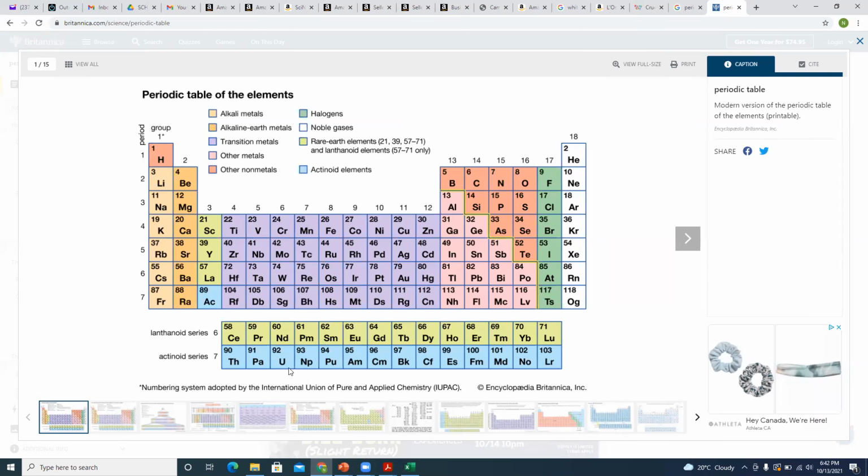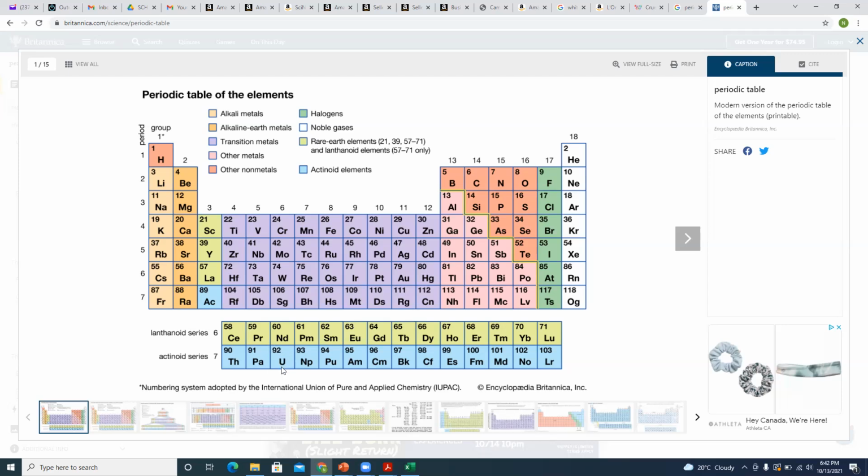And an isotope of uranium will also have 92 protons, but it will have a different number of neutrons, making it an isotope. I don't know the number of neutrons right now because I don't have the atomic mass for uranium, and they don't have it on this table. But by subtracting those two numbers, that will tell me how many neutrons it has.